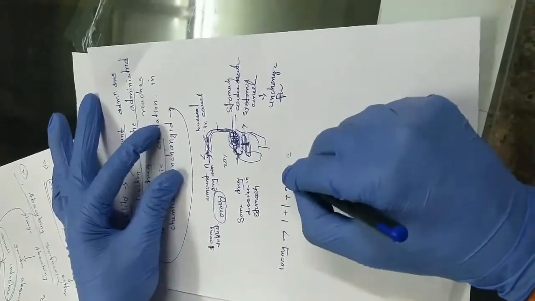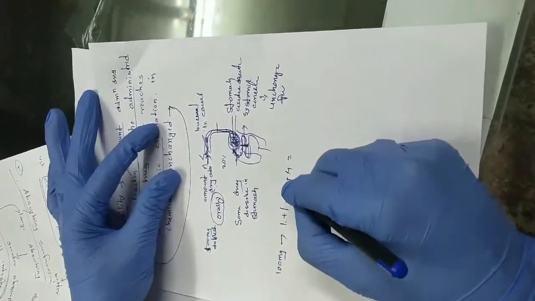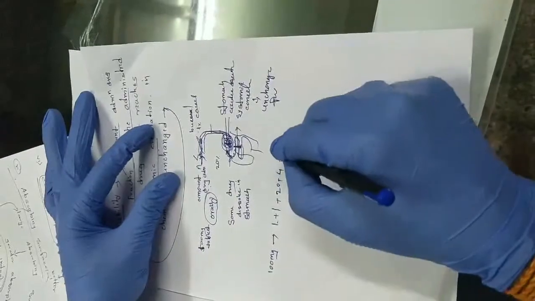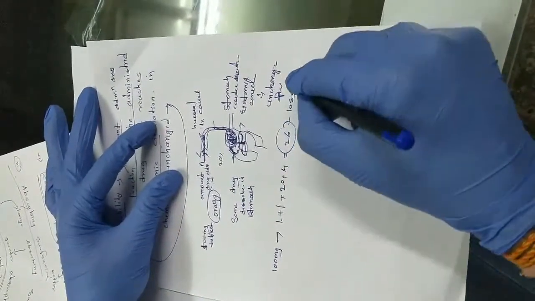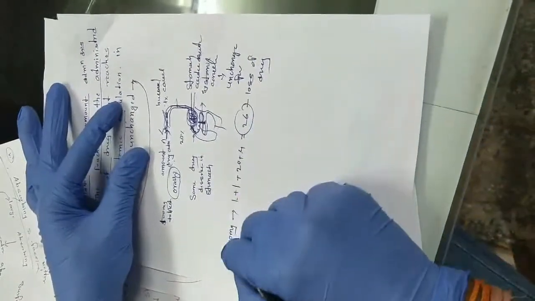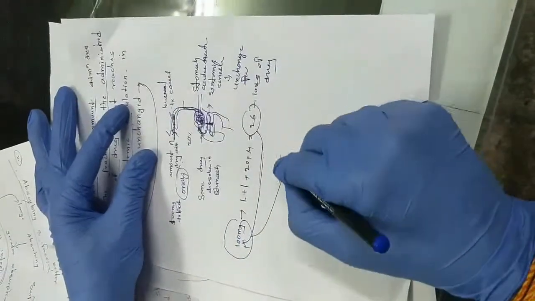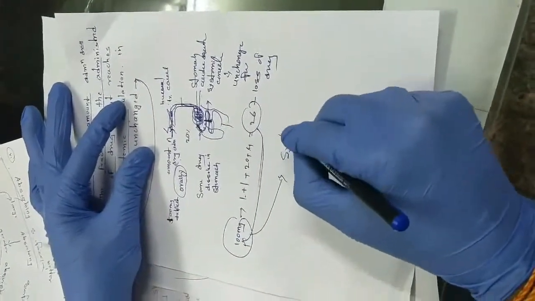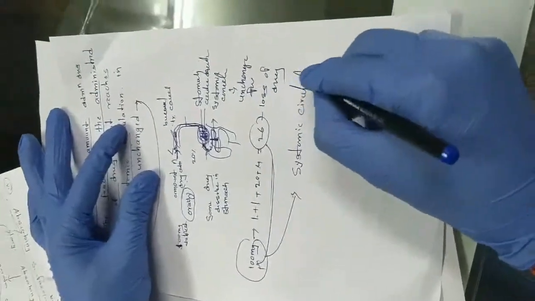How much? 1 plus 1 is 2, plus 20 is 22, plus 4 is 26. That is the loss of drug, and the remaining drug out of 100 goes to the systemic circulation.